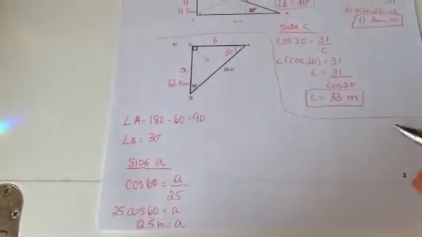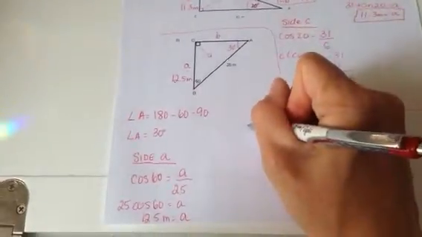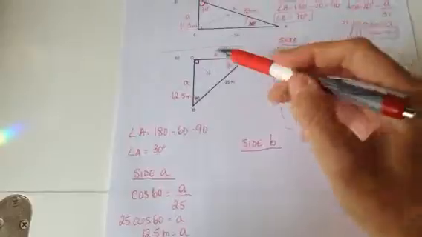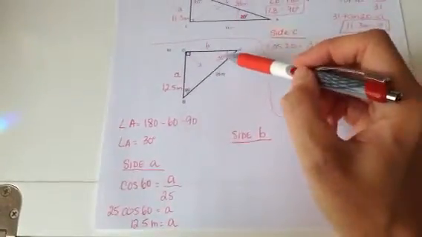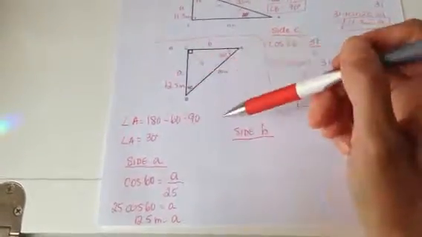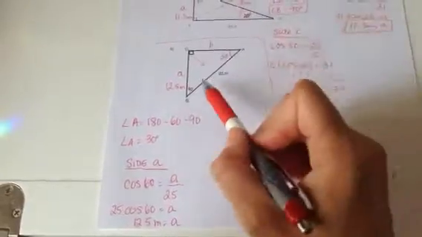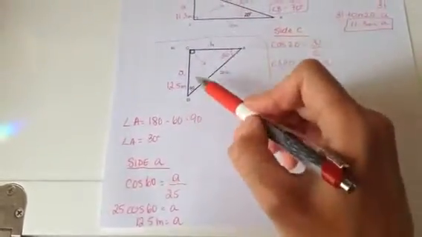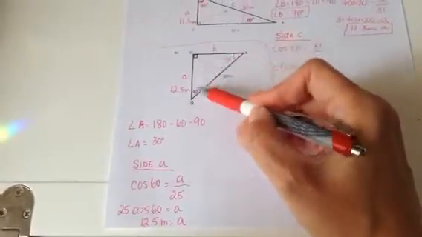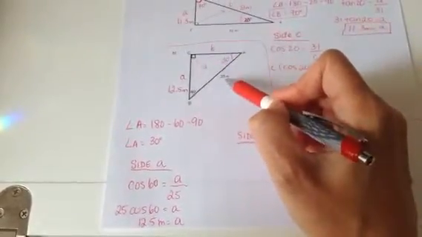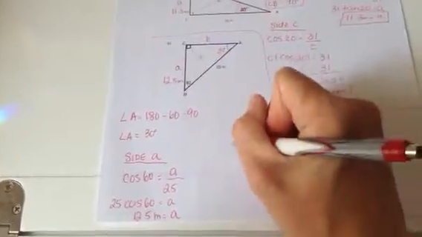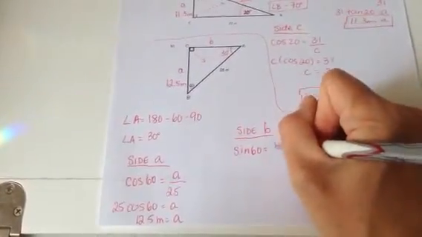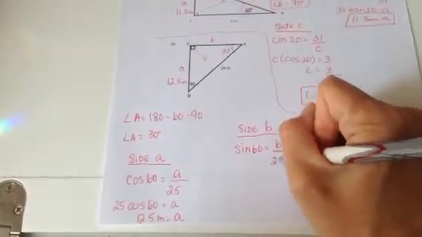Okay, so now we have to find side B. Again, you can use different information that you have found in your triangle, but I'm going to continue using the information that was given to me. So B in this case is opposite of the 60, and we have the hypotenuse, so that's the sine. So sine of 60 is the opposite over the hypotenuse.